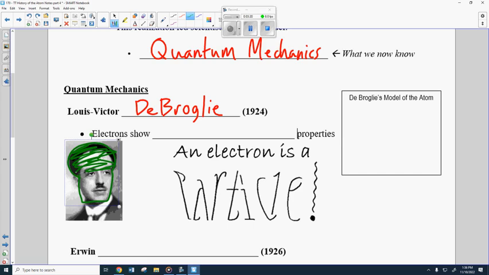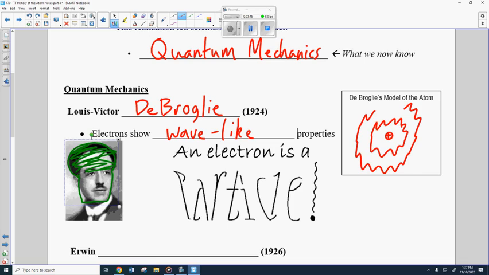Anyways, de Broglie found that electrons have wave-like properties. And so he ended up with this kind of model of the atom where we have that small, massive, positive center of the nucleus. And then we have kind of these negative waves around it. These are no longer orbits, these nice predictable paths that we found that's not really true.